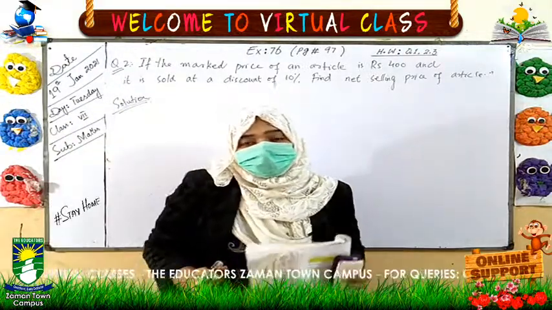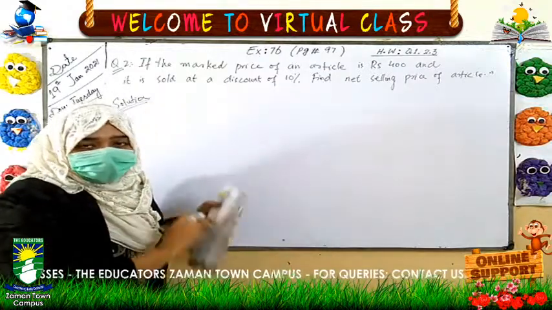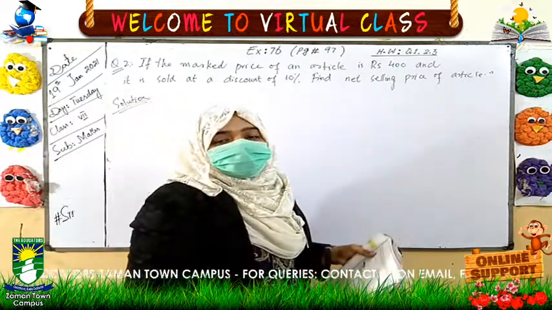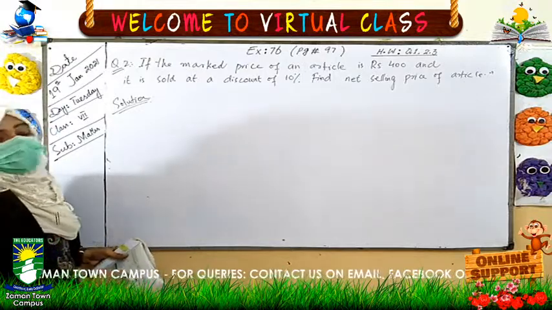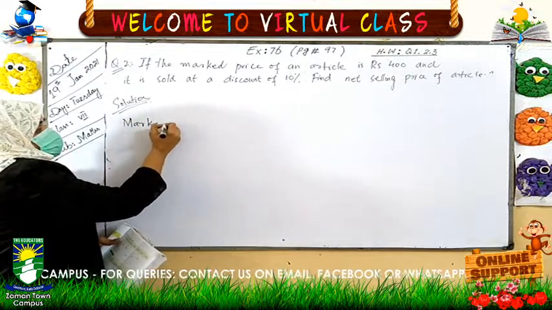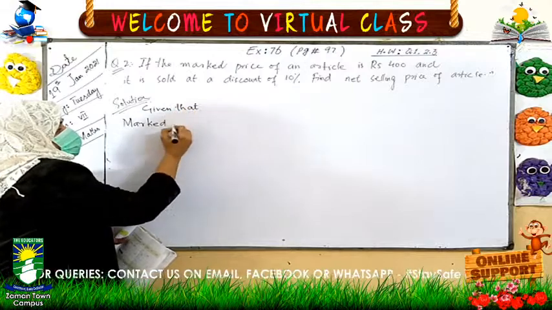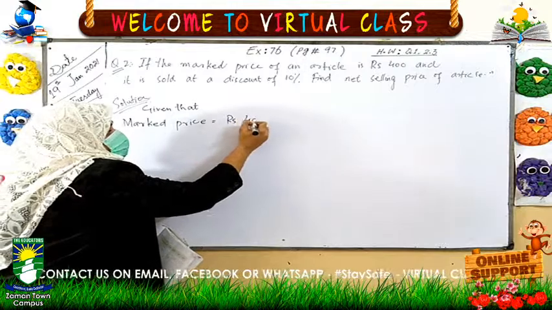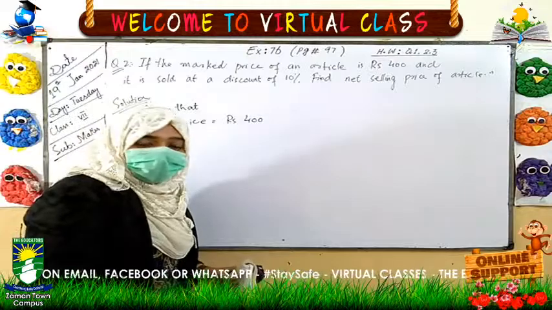Students, I have already told you that whenever you have a word problem, first read your question carefully, make the data from the given information and find out which value you have to find. If we read our solution from the start, if the mark price of an article is rupees 400, it means mark price is given, mark price is equal to rupees 400, and it is sold at a discount of 10%.